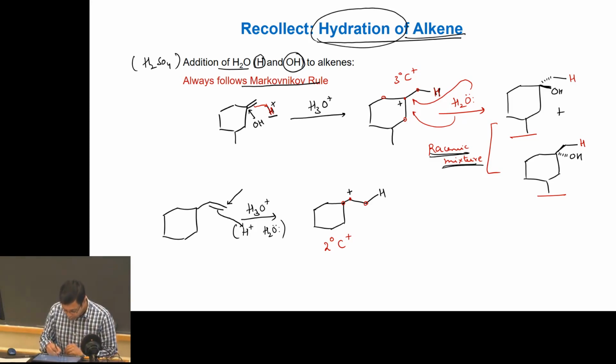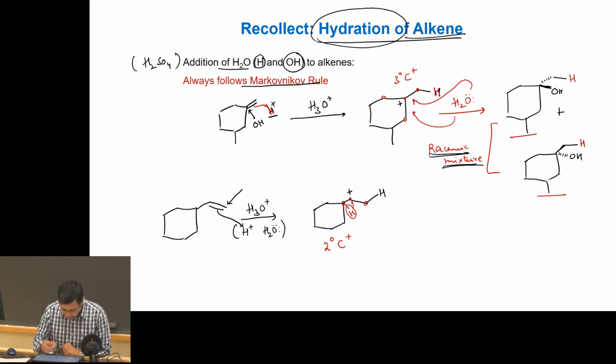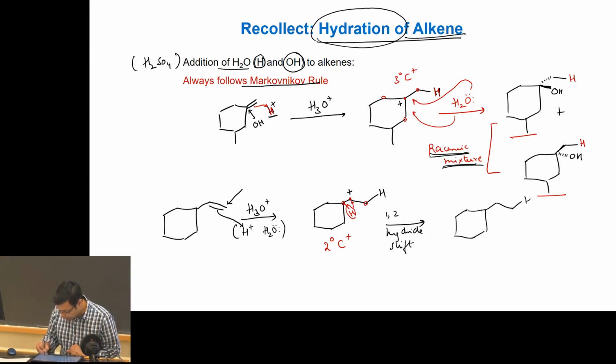And as you can see, you have a hydrogen on that carbon that is adjacent to the carbon bearing double bond. You can have a 1,2 hydride shift. Move the hydrogen there. As a result of that, you're going to form a tertiary carbocation.